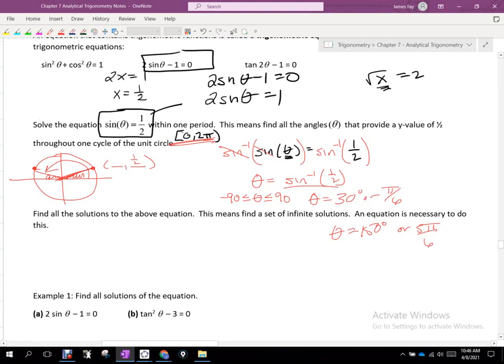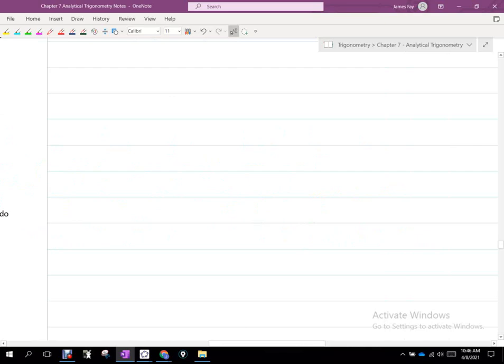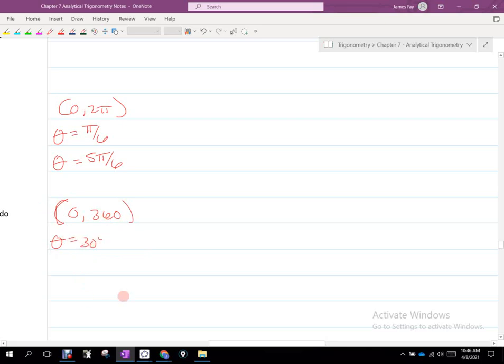Okay? All right. So if they wanted me to do this on an infinite scale, right now, on the interval from 0 to 2 pi, we found the answers of theta to be pi over 6 and 5 pi over 6. If we look on the scale of 0 to 360, we're looking at theta being 30 degrees and theta being 150, right?